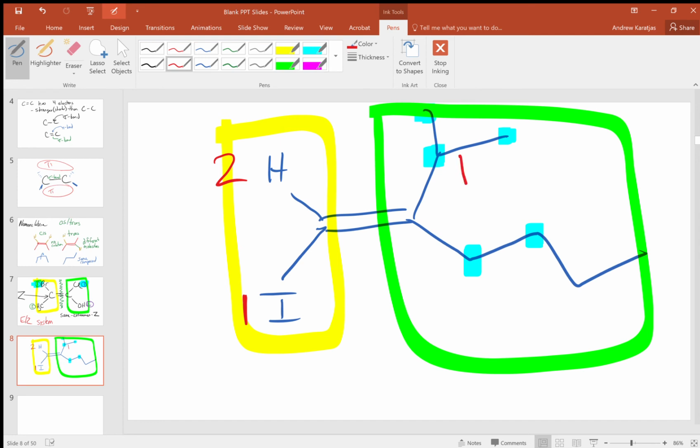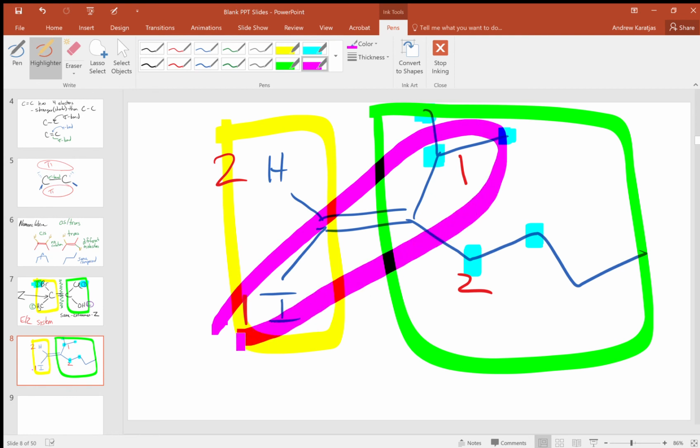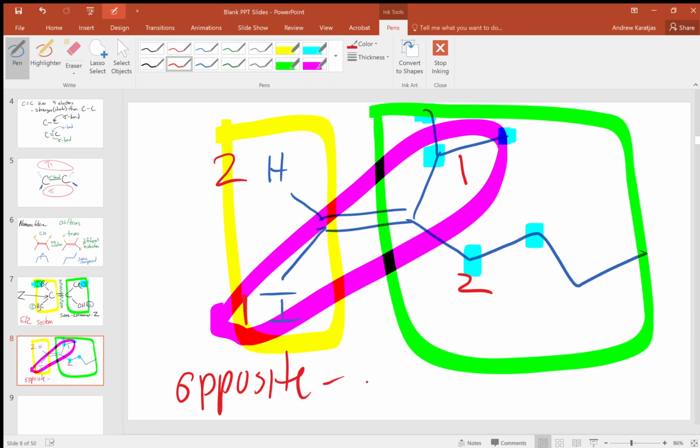So 1 here, 2 here. So now our higher priority substituents are on opposite sides. Again, using the German word for opposite, that would define that double bond as E. So let's just do a couple more.